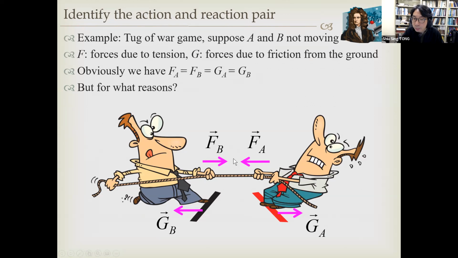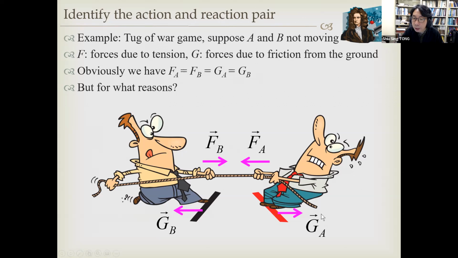The two forces must be the tension force in the string, right? The force pulling body A, which I call FA, and the force pulling body B, which I call FB. They are the forces coming from the tension in the string. But there are also two forces from the ground. Because the two persons are not moving at this instant, there must be frictional forces from the ground that oppose the motion.